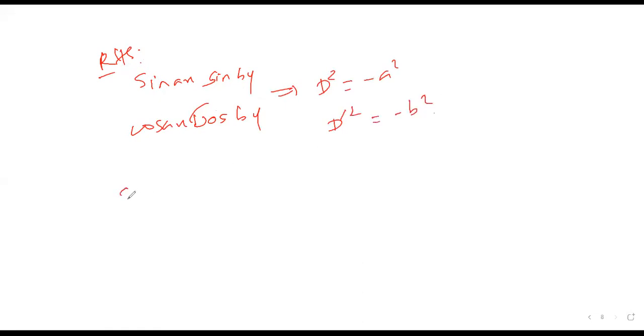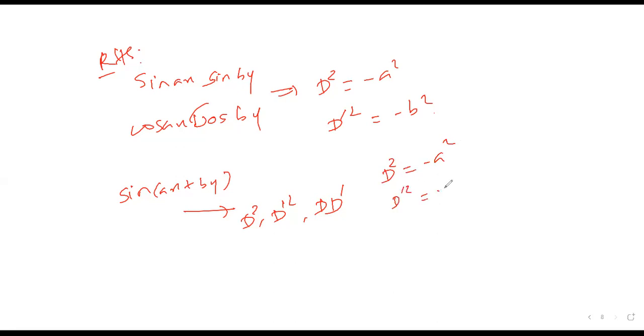But in the case of sin AX plus BY, in that case you may have not only D squared and D dash squared, you also have D into D dash. In that situation, D squared will be minus A squared, these two are the same. The only difference is that for this case, D into D dash will be minus AB.